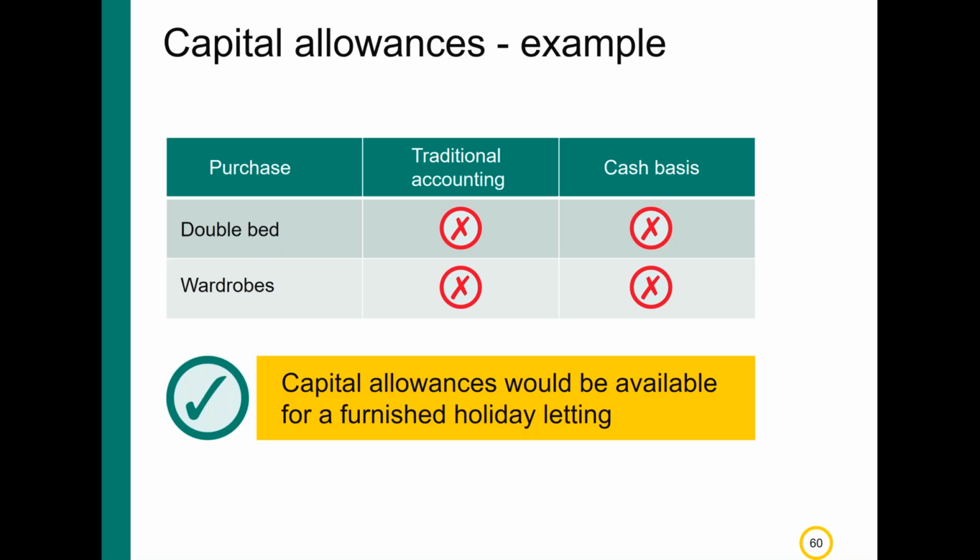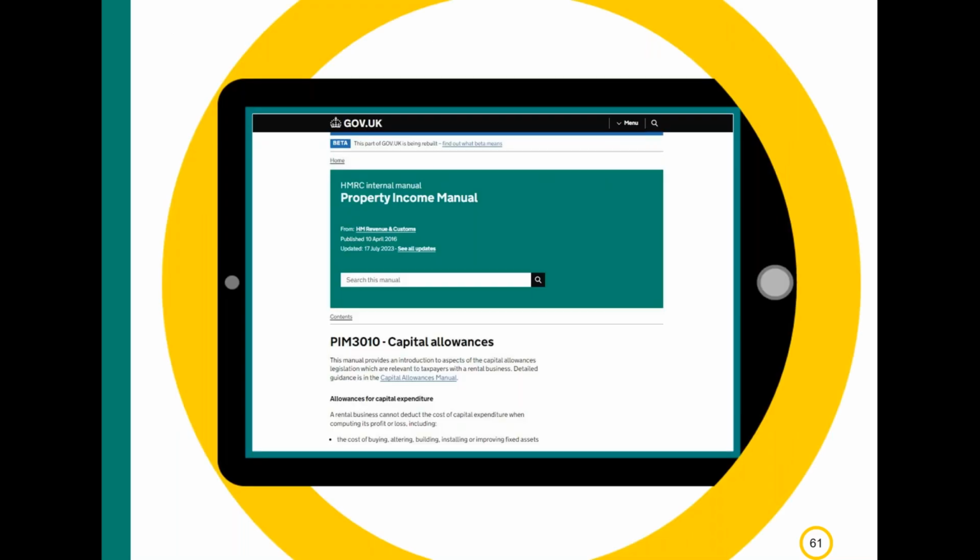However, capital allowances would be available for these items if the property they're purchased for qualifies as a furnished holiday letting. You can find an introduction to capital allowances in the Property Income Manual, PIM 3010, again on gov.uk.